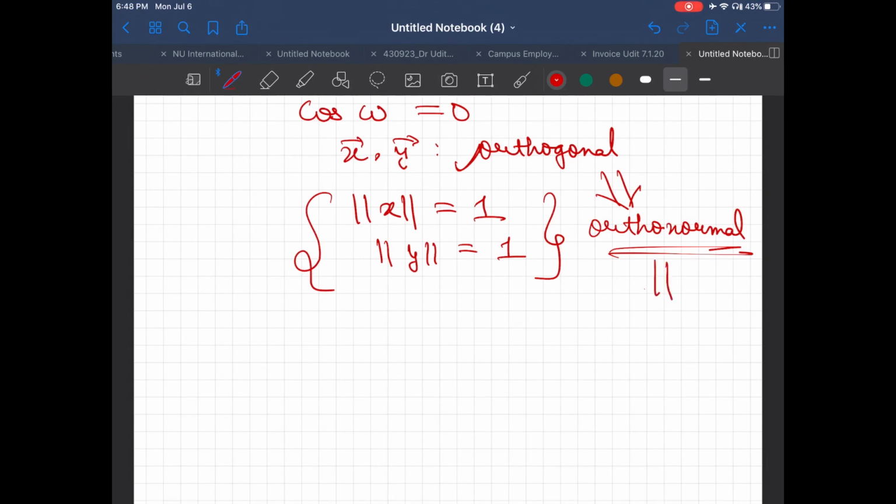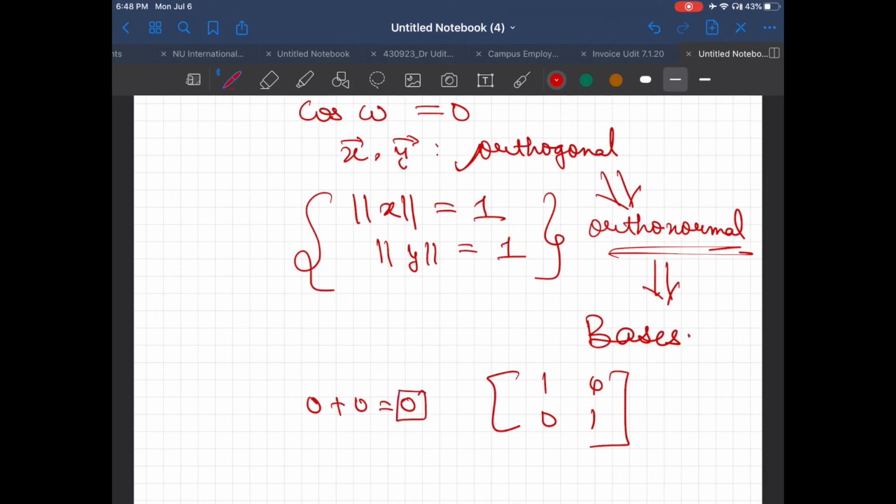And if these orthonormal vectors also constitute the basis, for example (1, 0) and (0, 1), you see that their dot product is equal to 0 plus 0, which is 0.